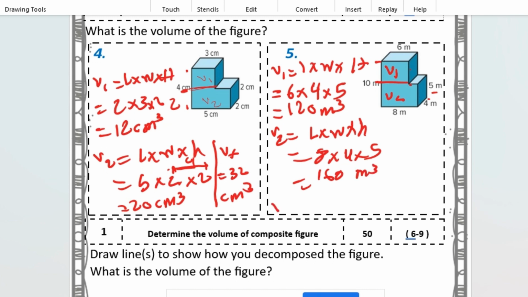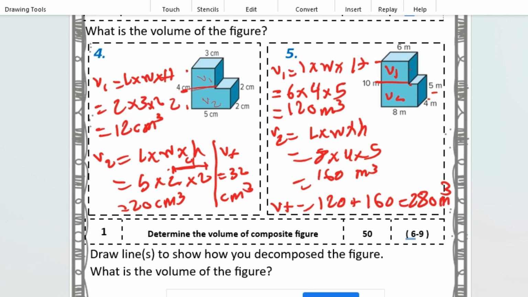Now our V total will be 120 plus 160, which is equal to 280 meters cube. So this is question 5, which is again how to solve the composite figure.